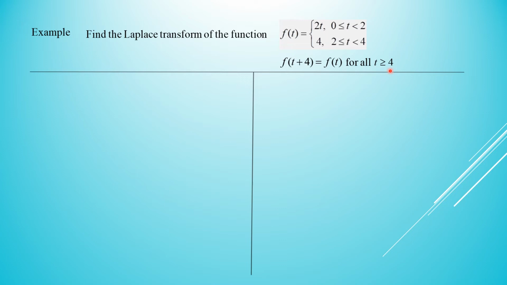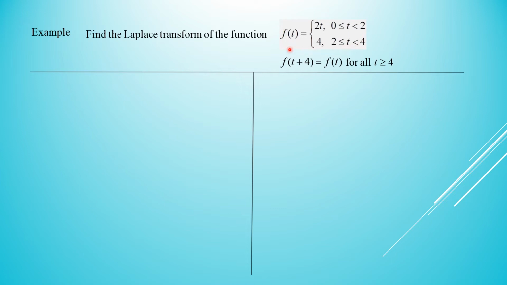Even though the graph of the function f of t is not provided in this problem, we know that we are actually dealing with a periodic function because of this statement. This statement indicates that this function f of t is repeating itself after every 4 units. And this is the description of the function f of t in the first cycle.